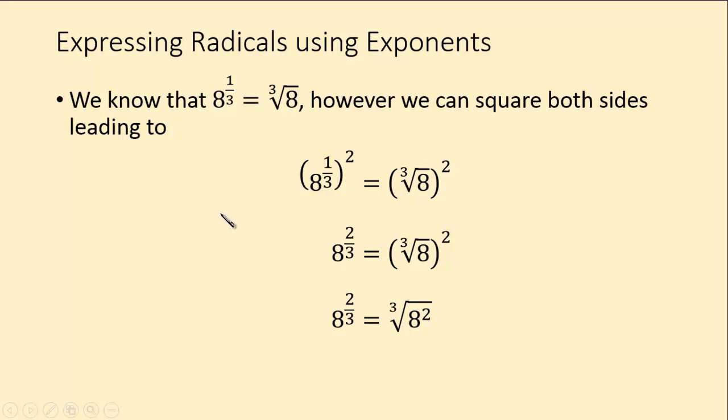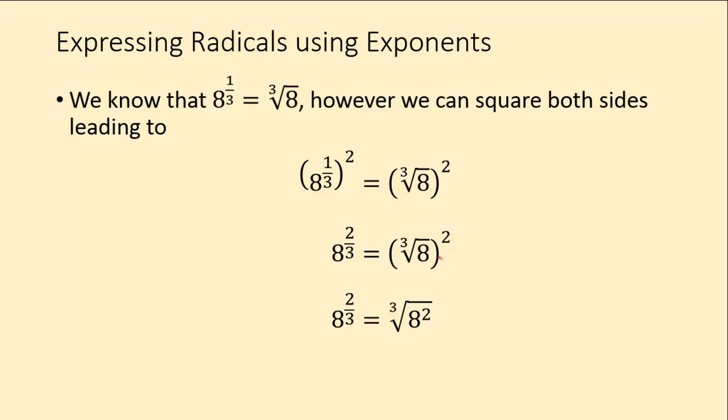We can take this one step further. Let's, in this case, square both sides. If I square both sides, I get, obviously, 8 to the 2/3, and I get this squared. What should be clear to you is that this can also be written this way. So let's just do a little example here so that you see.